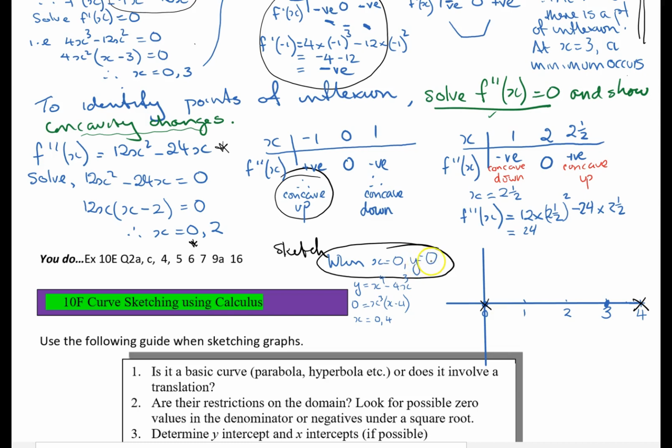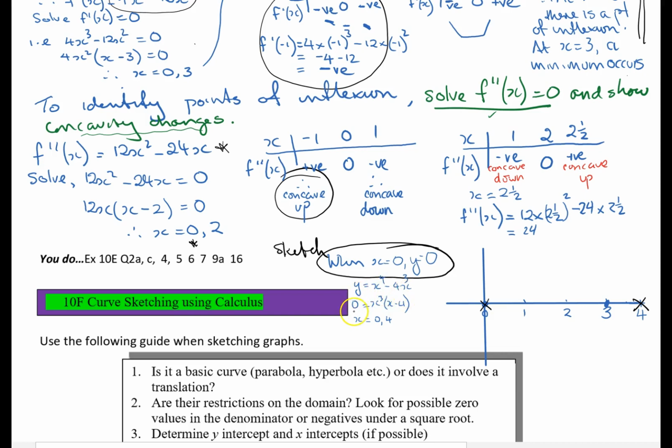We're back to the original function, which was x to the 4th minus 4x cubed. So we know there's a point of inflection here, and this is where it cuts the x-axis and the y-axis.